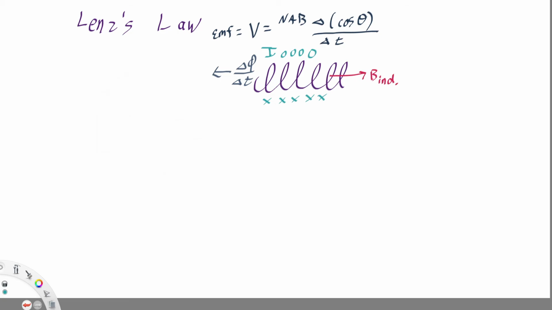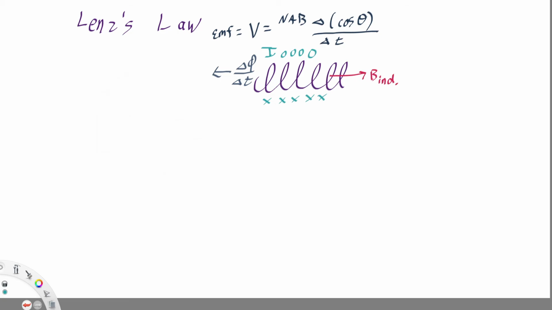So if you are slowing down, then the direction of your acceleration is opposite the direction of your actual velocity. Whereas if you're speeding up, the direction of your acceleration is in the same direction as your actual velocity. And that's the same as what we've got here.